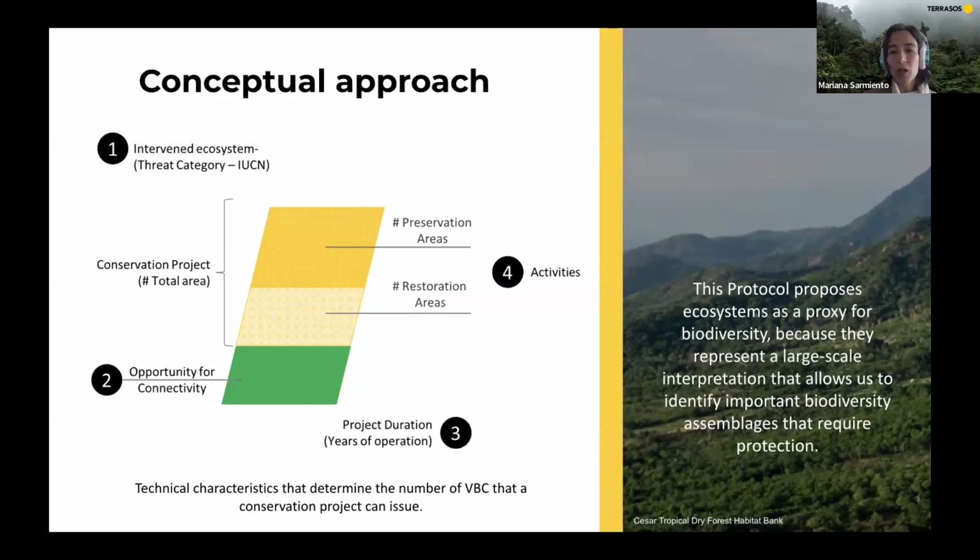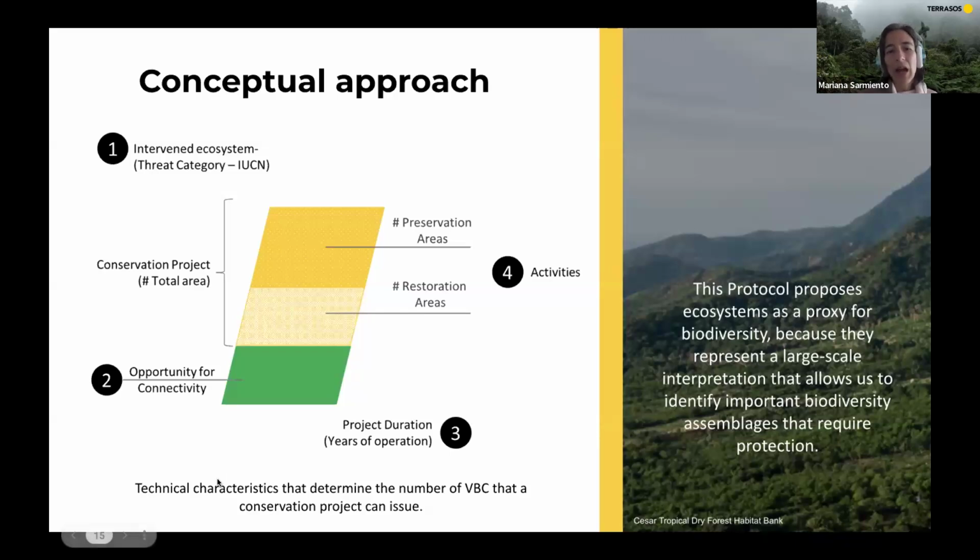Third, the project duration. The longer the project, and no project that is structured for less than 20 years can issue credits. But if my project has been structured for 30 years, it will get more points than if it's just 20 years, for example.